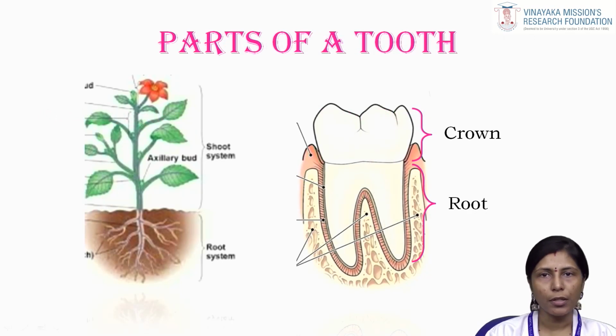Coming to parts of a tooth, like the part of the plant that is above the ground, we call it shoot, whereas the part of the plant that is seen below the ground, we call it root. Likewise, the part of the tooth that is seen above the gingiva or above the jawbone, you call it the crown portion of the tooth, whereas the part of the tooth that is within the gingiva or within the alveolar bone, you call it the root portion of the tooth.